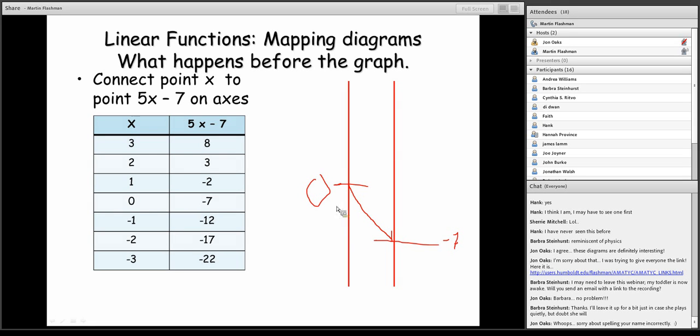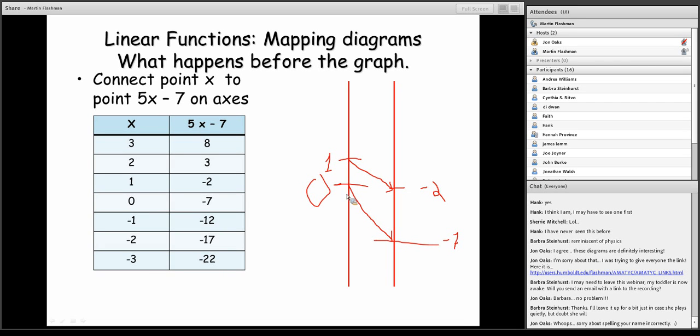And then for 1, I'll put 1 up here. Once I put that 1 up there, that's really established the linear scale for the x-axis. And I'm going to send that to minus 2. Well, I don't know where minus 2 is, but once I put minus 2 in here, that establishes the scale for the target axis. And now we have the start of our mapping diagram.